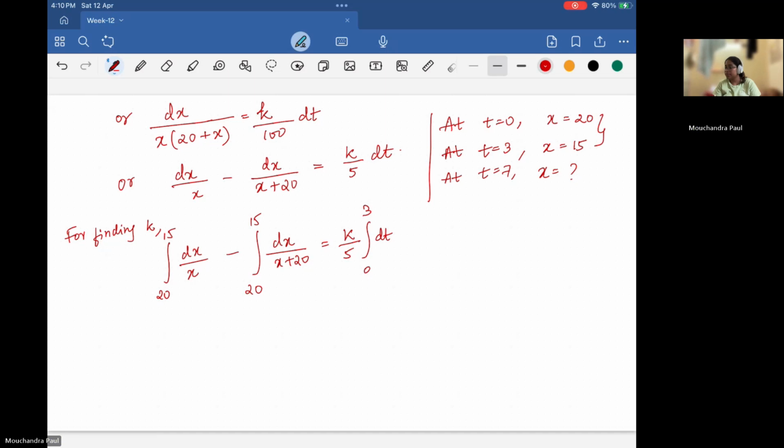Right? So what we get is ln x between 20 and 15 minus ln x plus 20 between 20 and 15 equals k by 5 into 3. So if you substitute the values of x and solve for ln, you should get k equals minus 0.257.